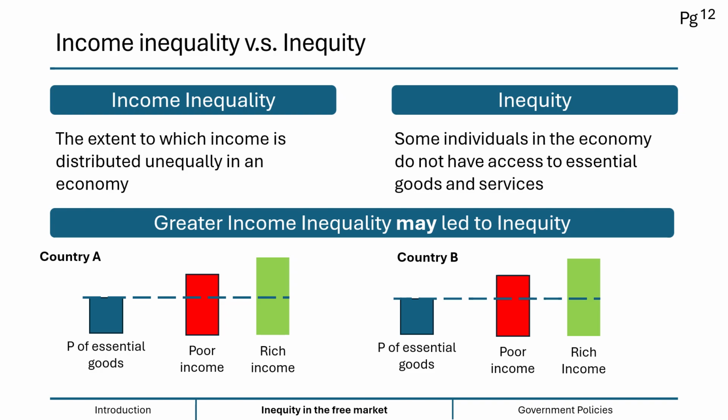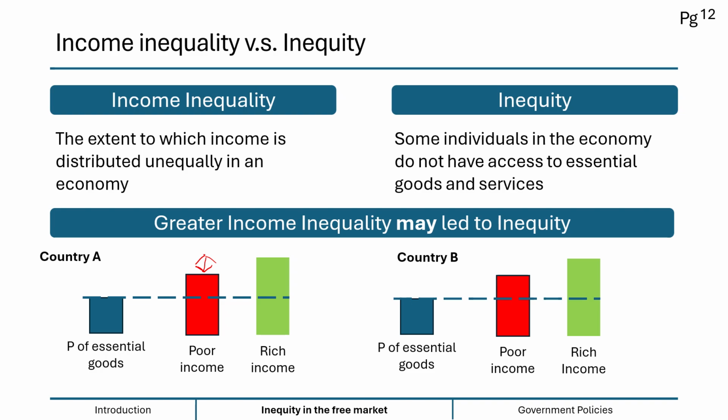Look, these pictures are not in your notes. You can jot it down if you want. Okay, look, how do I see income inequality? It's the difference between the rich and poor income. This is income inequality. How do I see if there's inequity?